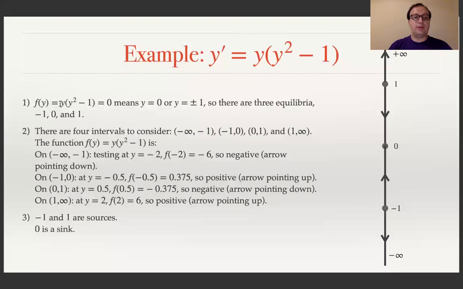Well, this means either y is equal to 0 or y squared minus 1 is equal to 0. So either y is equal to 0 or y is equal to plus or minus 1. So there are three equilibria, minus 1, 0, and 1. And we plot them on this vertical axis, minus 1, 0, and 1.